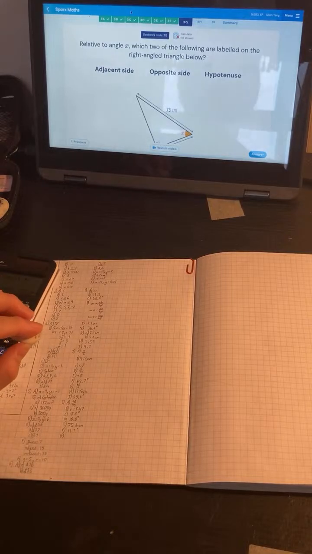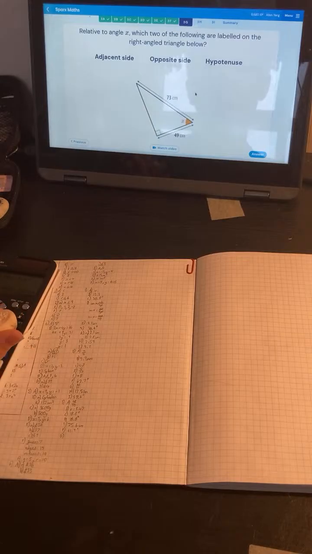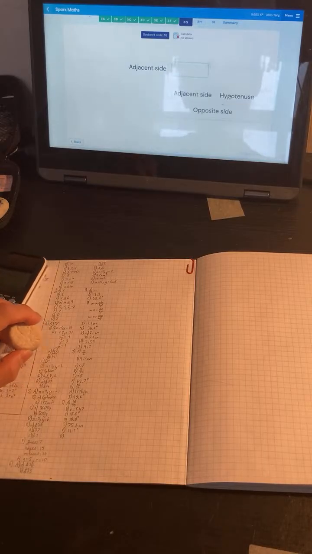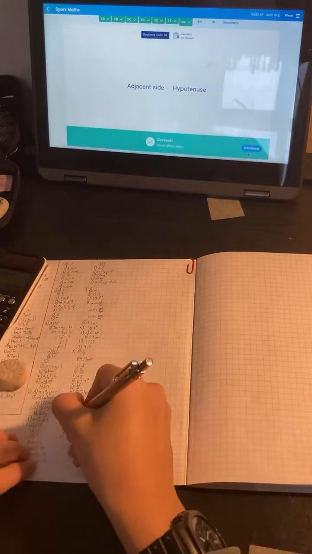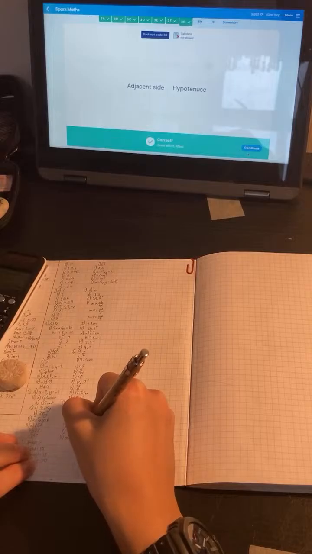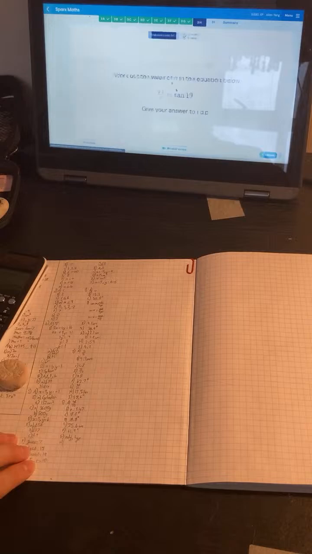Relative to angle X, which two of the following are labelled on the right angle triangle below? Oh, adjacent, hypotenuse. Adjacent, hypotenuse, GH.